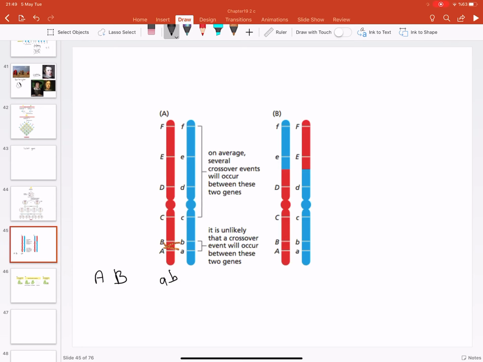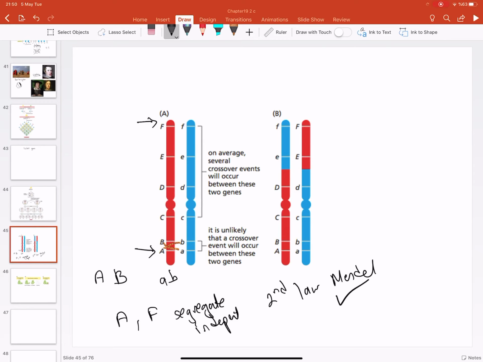Of course, if they are really far from each other, like A and F, they are going to assort independently, because most possibly they're going to have a crossing over between them, because in every meiosis, in every chromosome, there are like 2-3 crossing overs. So A and F are going to segregate independently. So they are going to follow the second law of Mendel.